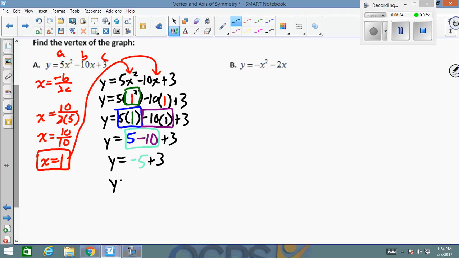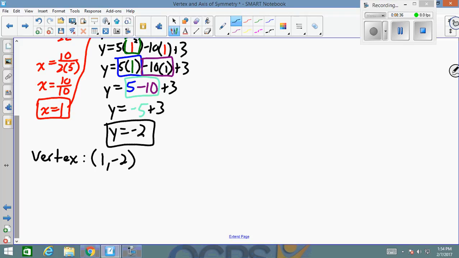And then add it to y equals negative 2. Okay, so our vertex, we write it as an ordered pair, x comma y, would be 1, negative 2. The axis of symmetry would be x equals, and then the x of our vertex, which is 1.